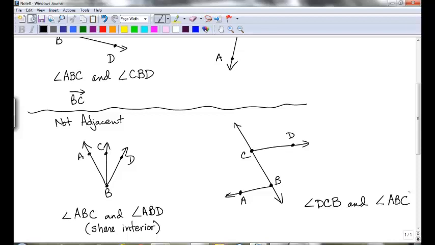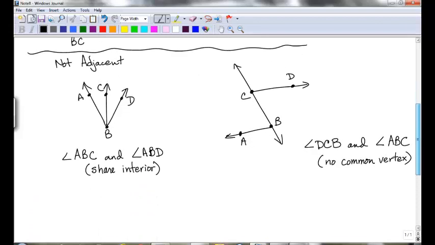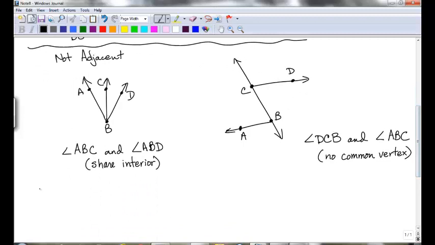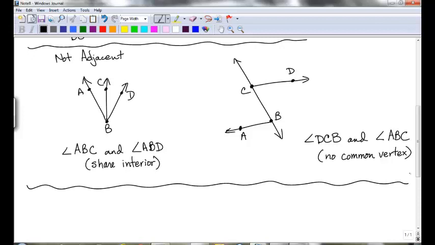What throws that off? Yeah, they don't have the same vertex. No common vertex. So basically, the author's just trying to get you to see what adjacent angles look like, and those are two examples of what they don't look like. Any questions on that part?